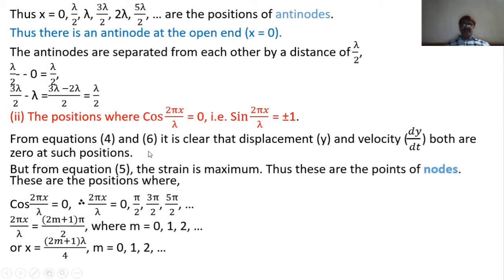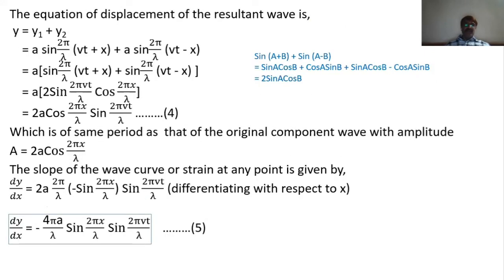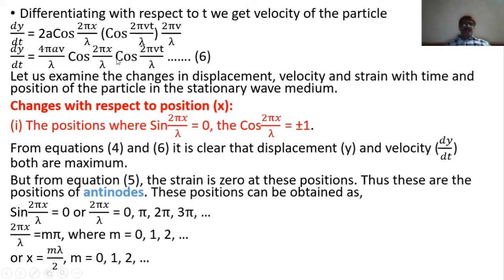Important one is that since the cosine function is 0, from equation 4 and 6, here it is equation 4, the cosine function is 0, that means displacement is 0. And here the cosine function is 0, that means velocity is 0.